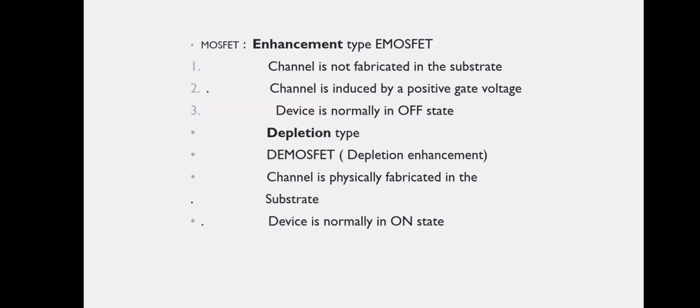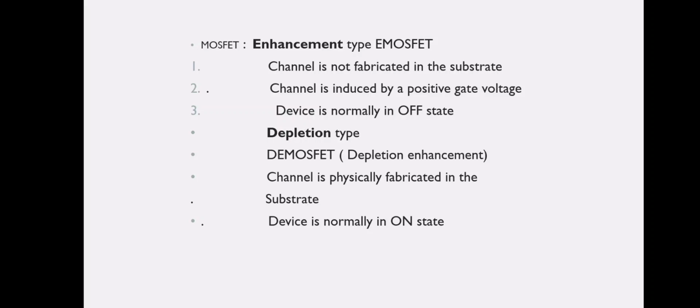So let us first see what is the basic difference between E MOSFET and D MOSFET. In the E MOSFET, there is no physical channel fabricated into the substrate. During the fabrication process we are not fabricating a physical channel between source and drain in the case of an enhancement MOSFET.